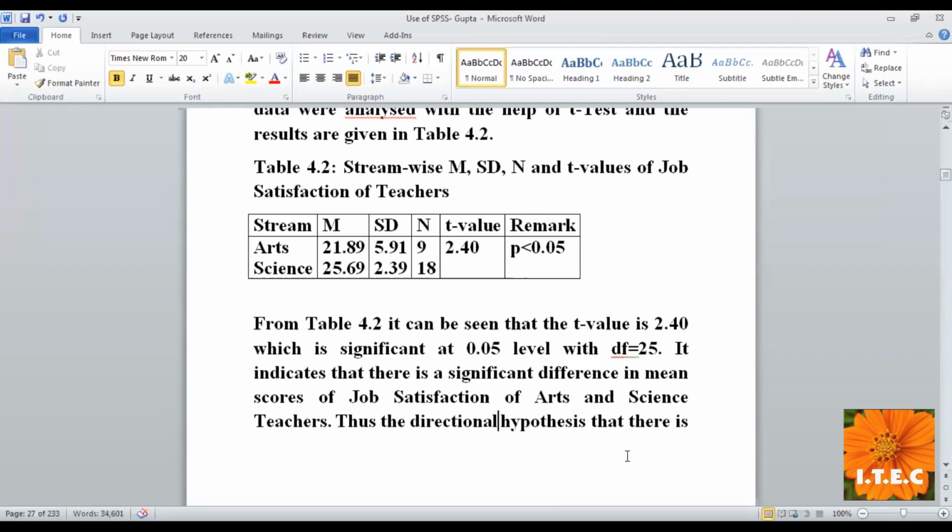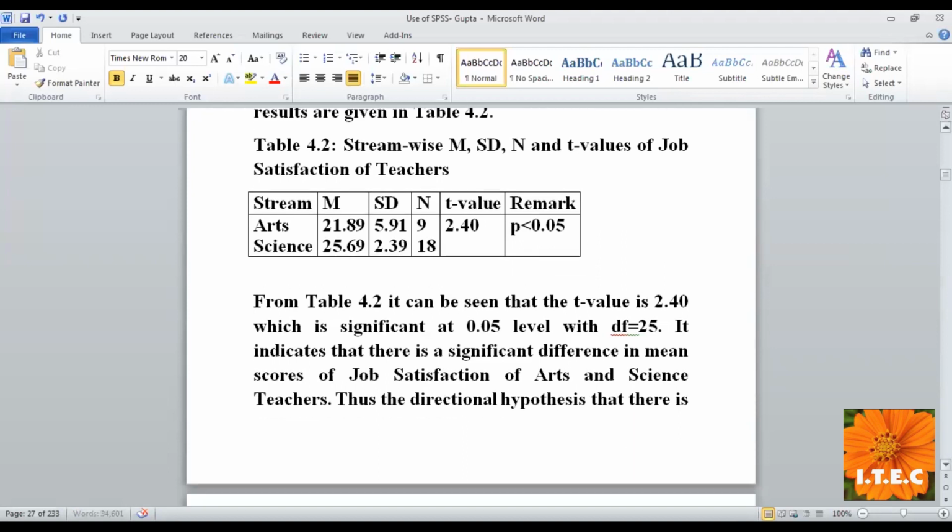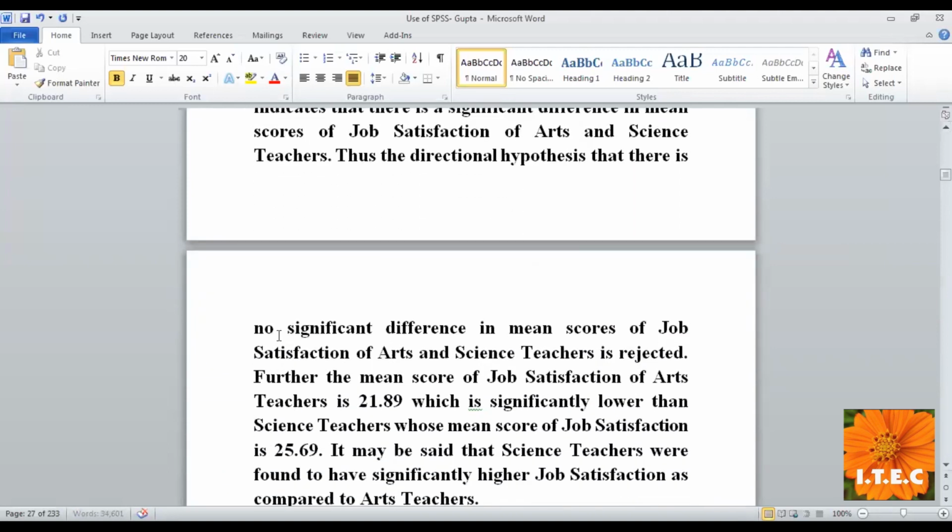The directional hypothesis that there is, I cannot write no. There is a significant difference in mean score of job satisfaction of arts and science teachers, is, what should I write? Is rejected or is not rejected? What should I write here? So your directional hypothesis is rejected or is not rejected?